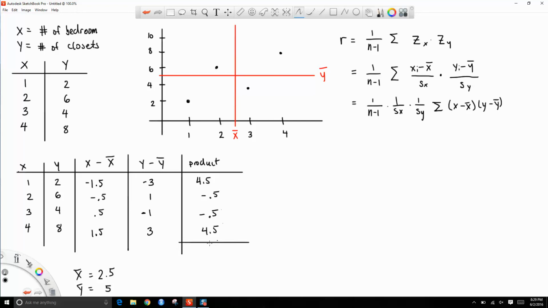I'm going to add all of these up now, and I get this value to be 8. Our R value is going to be 1 over n minus 1 times 1 over the standard deviation of x times 1 over the standard deviation of y, and then all of this multiplied together and added up is now 8.